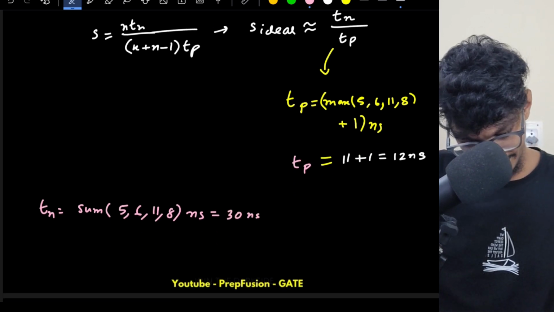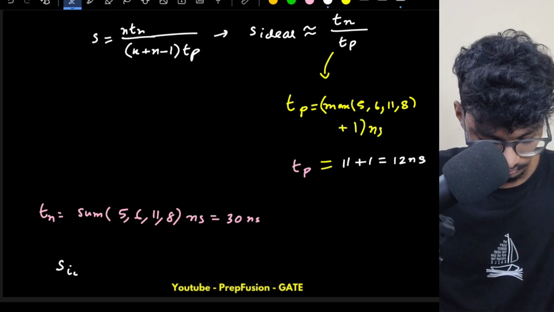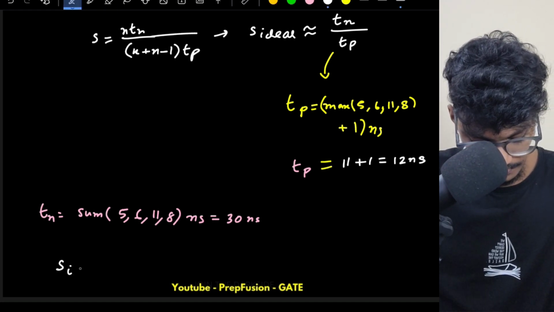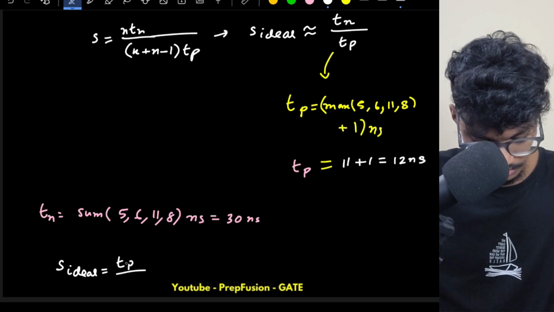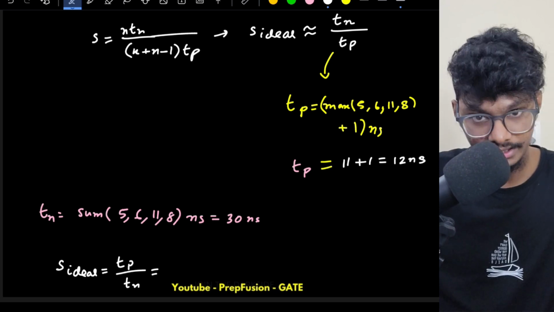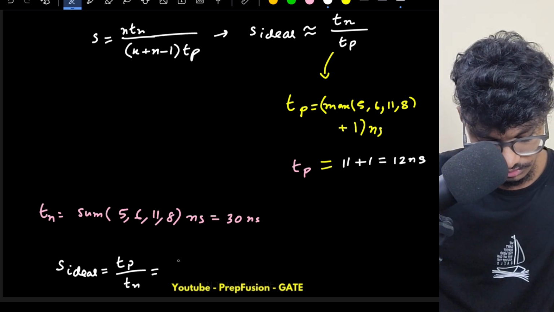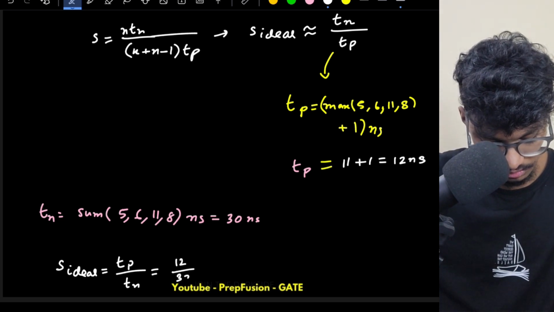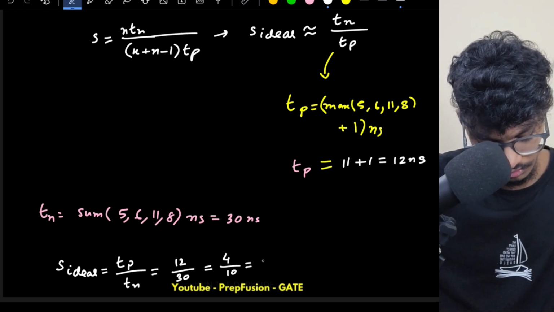So my S ideal, the ideal speed up, will be TP upon TN, which is 12 by 30, so 4 by 10.